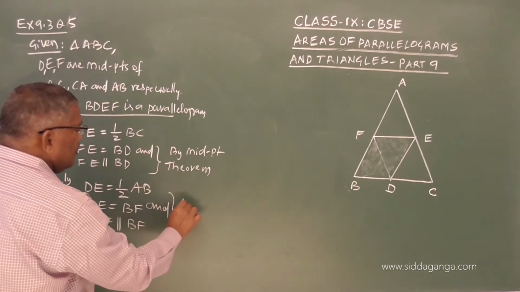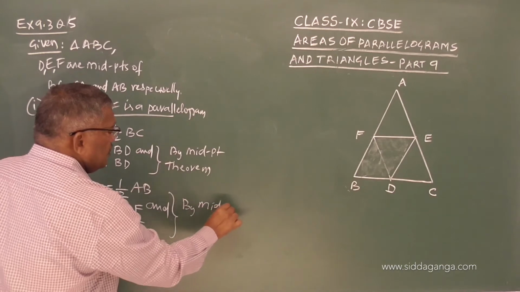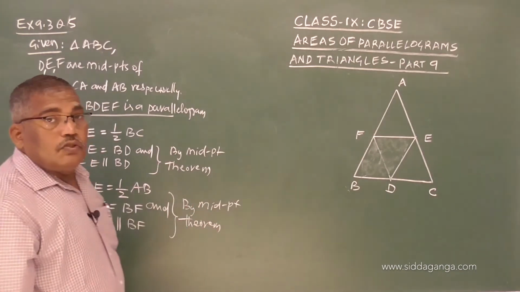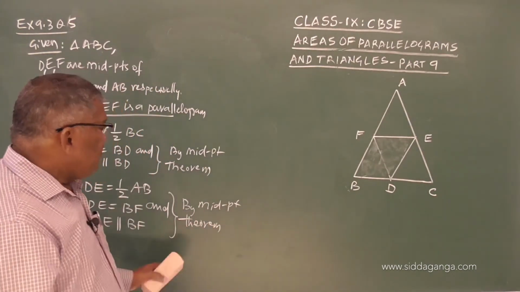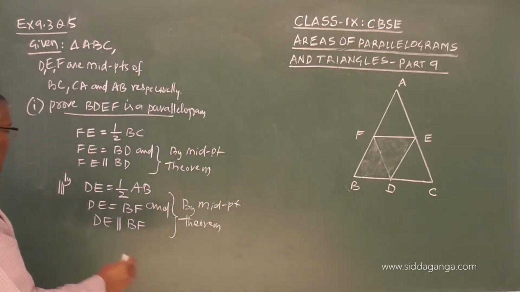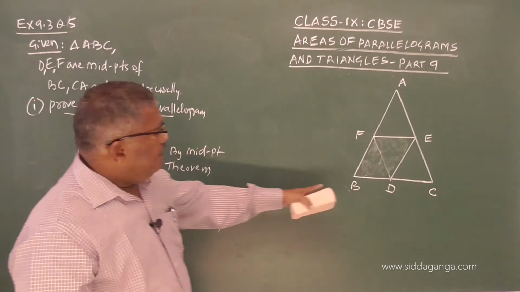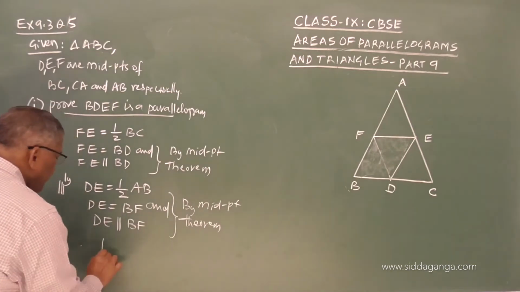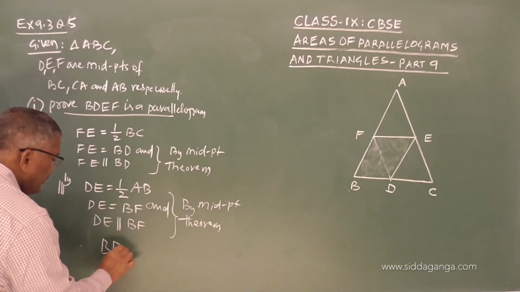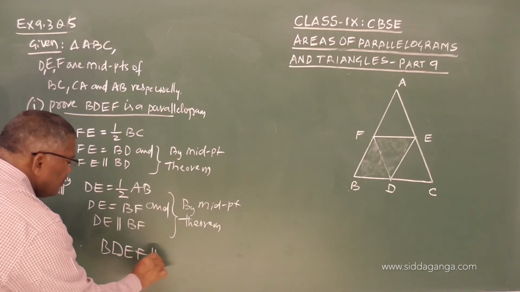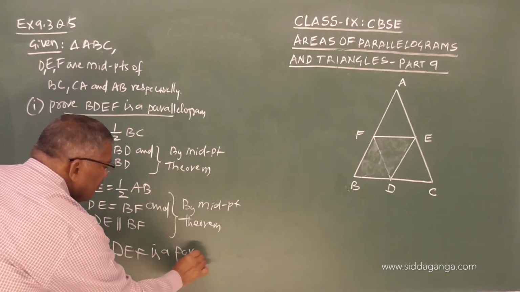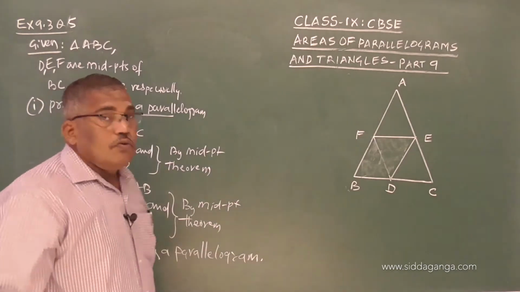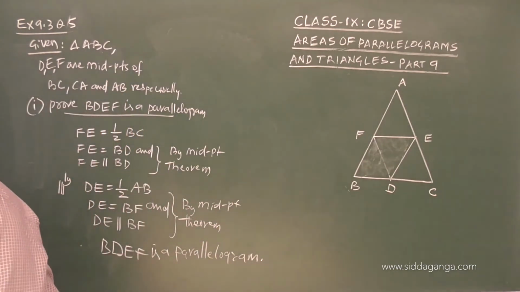So this is also by the midpoint theorem. So when two pairs of opposite sides are parallel and equal, we can definitely say BDEF is a parallelogram. So that is what is asked of us. Therefore BDEF is a parallelogram. So the first sub question we have answered.